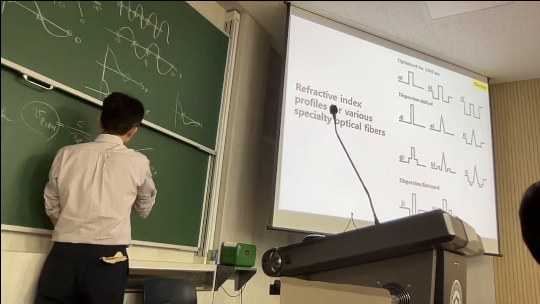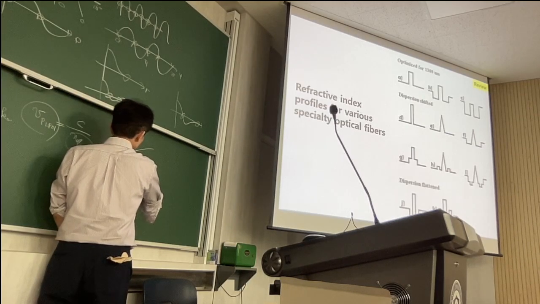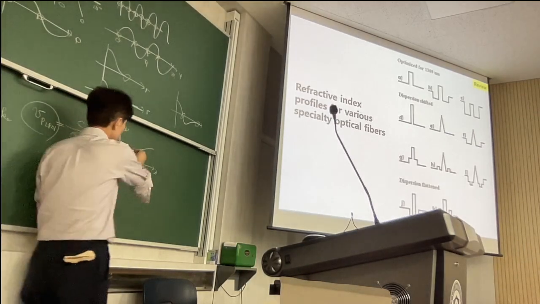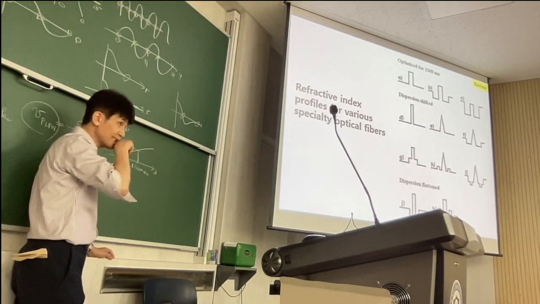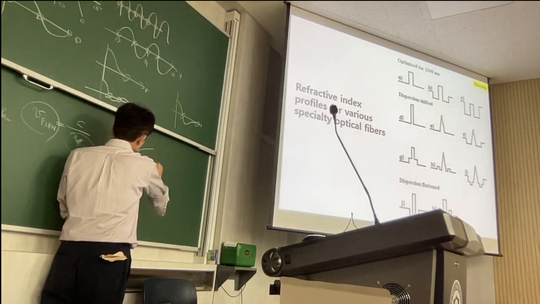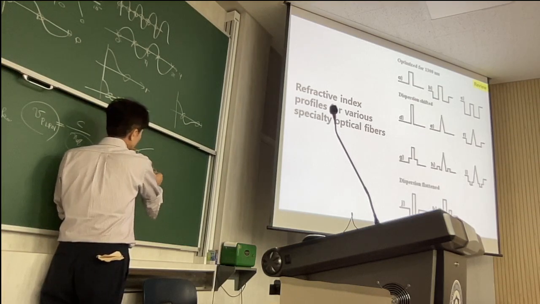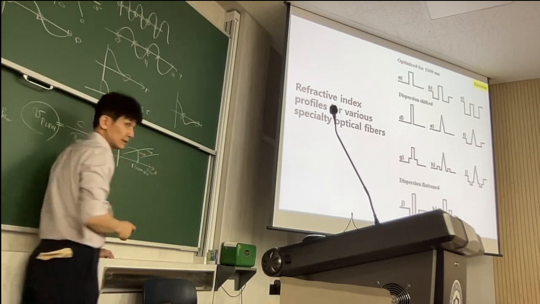This is dispersion 0 point, near the 1300 nanometer, we have dispersion 0 point for a diffused silica glass. And people like to have a fiber with dispersion 0 point at 1550 nanometer. So we like to shift this one, dispersion like this.